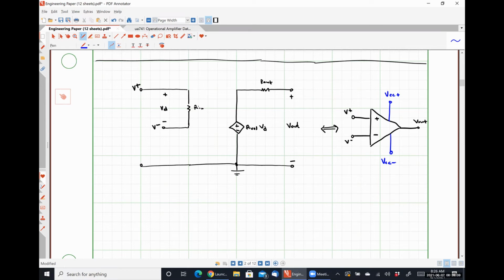The reason why I'm explicitly drawing the power supply voltages is because our operational amplifier cannot generate output voltages that exceed in magnitude our power supply voltages, meaning V out can never be greater than VCC plus, or more negative than VCC minus. And we're going to see what the ramifications of that are with a simple model, okay?